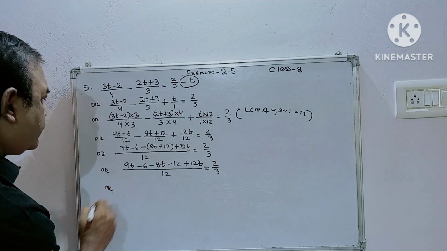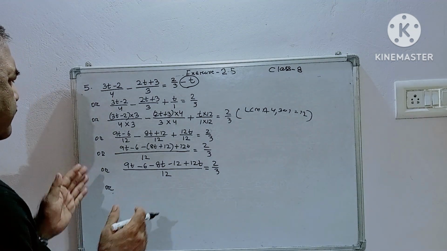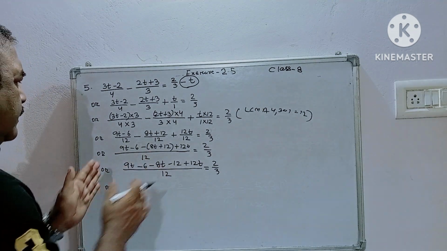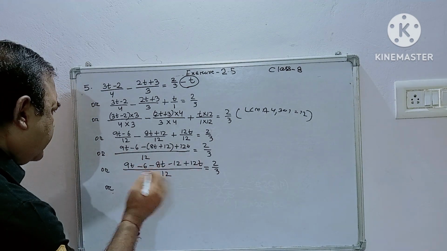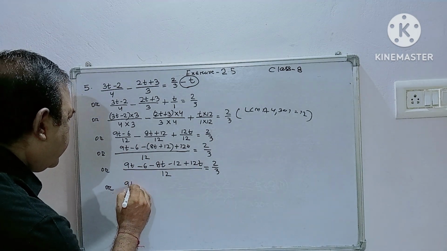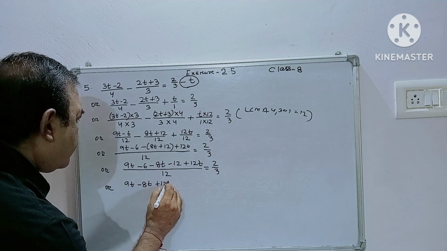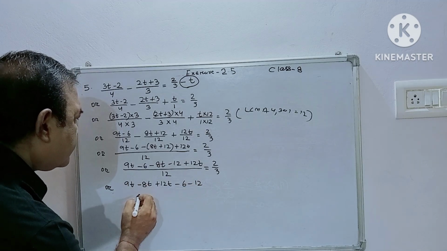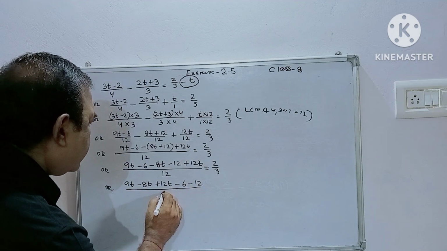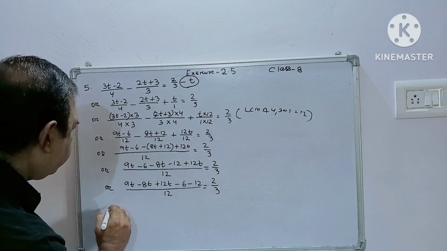Now you bring the like terms, the variables, closer. 9t minus 8t plus 12t minus 6 minus 12, upon 12, that is equal to 2 upon 3.